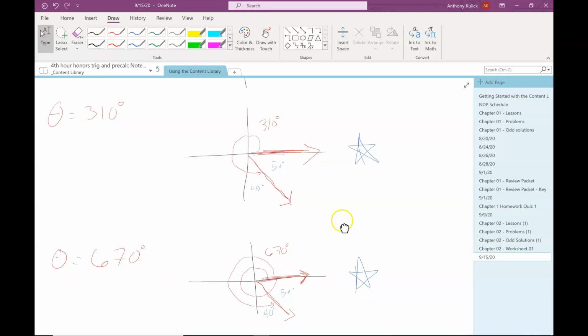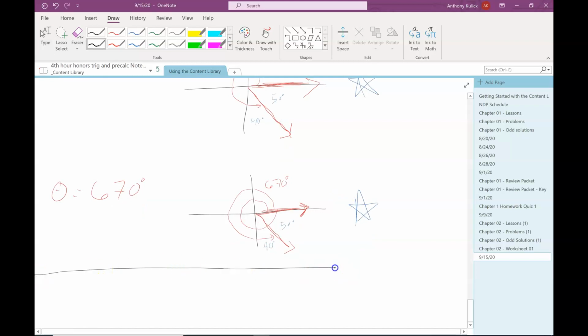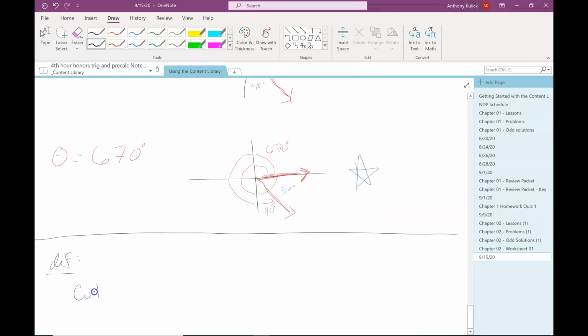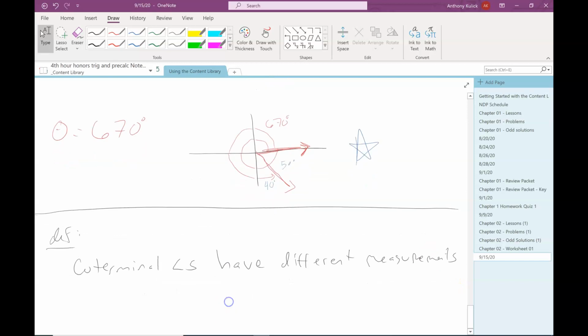We have a name for these kind of angles. They're called coterminal. So they have different measurements, but the same initial and terminal sides.